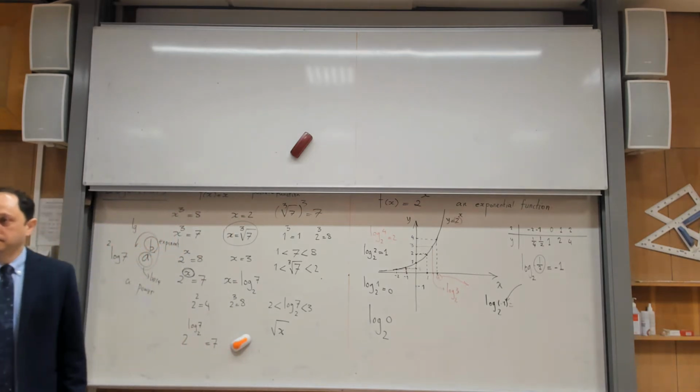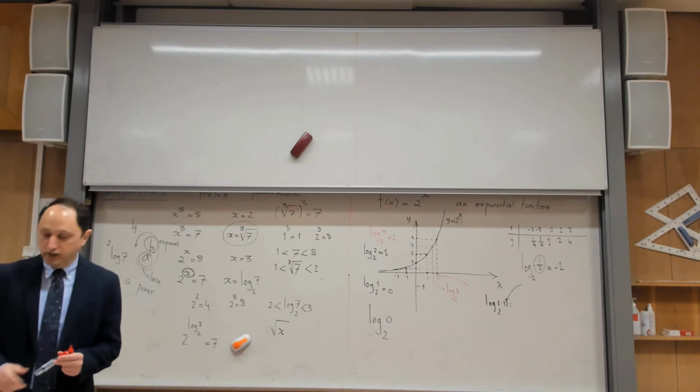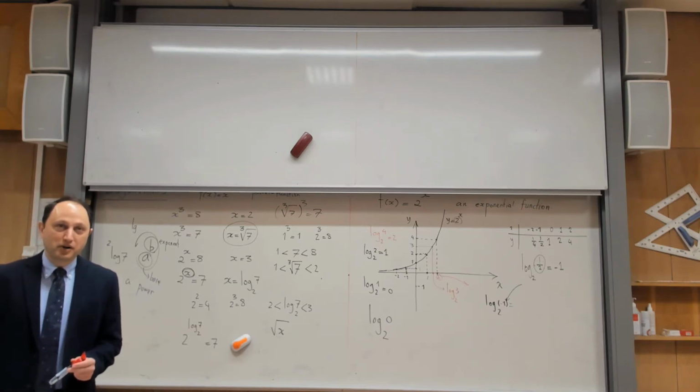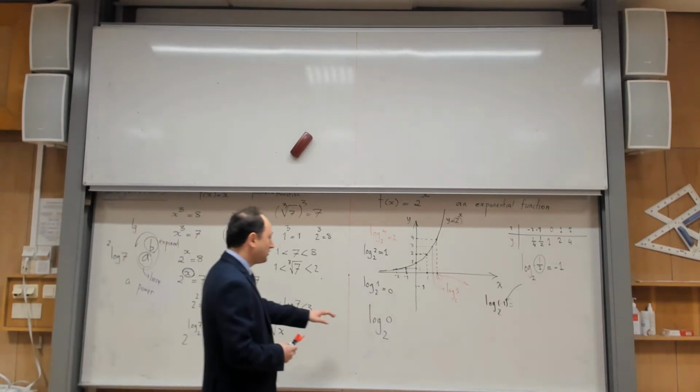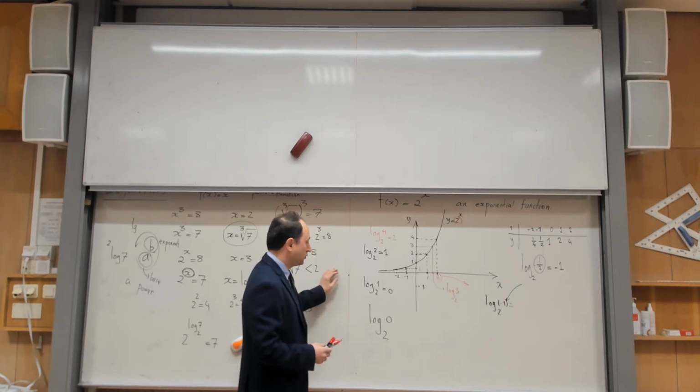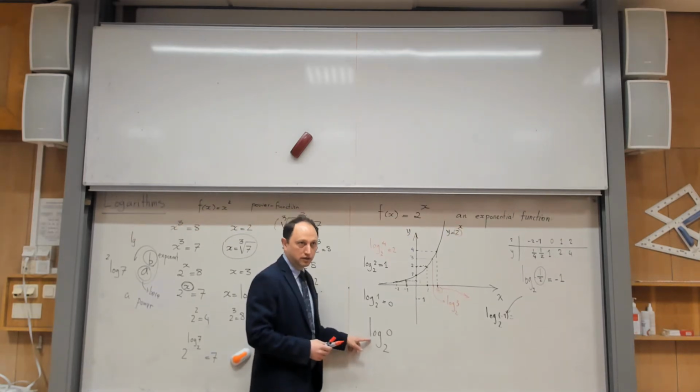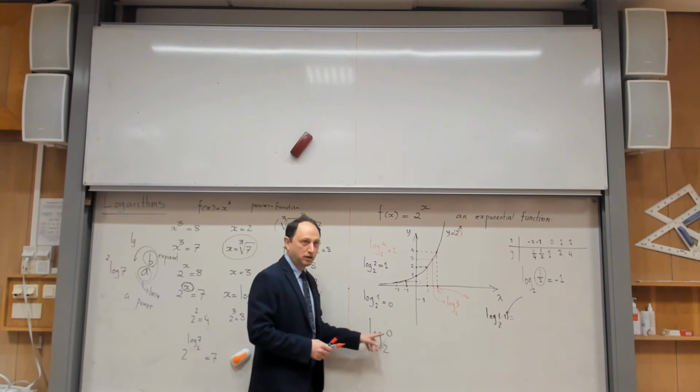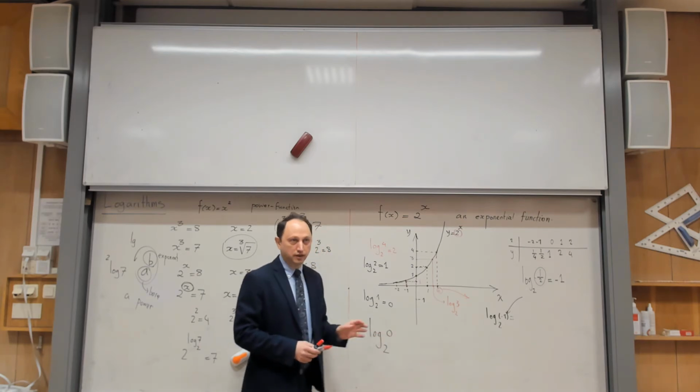Isn't that also undefined? It's also undefined. If you want a little more advanced mathematics, it's undefined again. No doubt about it. The logarithm of 0 in base 2 is undefined.